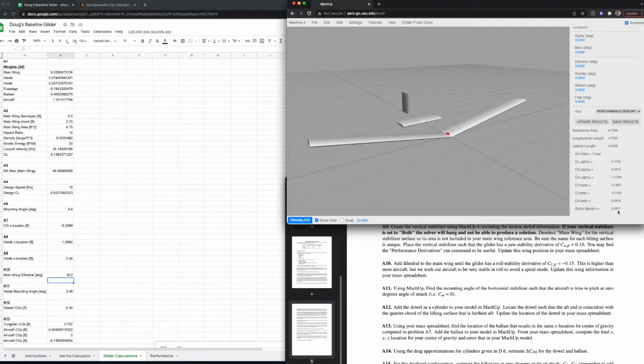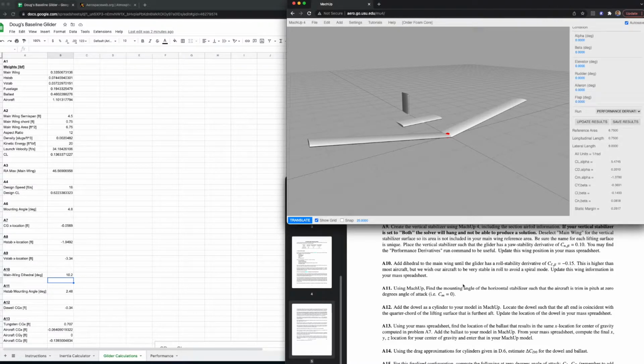So now we're at 25% static margin, and originally we designed it for 20% static margin. Well, that's because the dihedral plays into this, the vertical tail plays into this. These things are all interactive, and so our stability parameters change, and if we want to get the static margin back to 20%, I would be playing with the location of the horizontal stabilizer now to get that back, because again, it's the most dominant feature, even though these other components affect it.